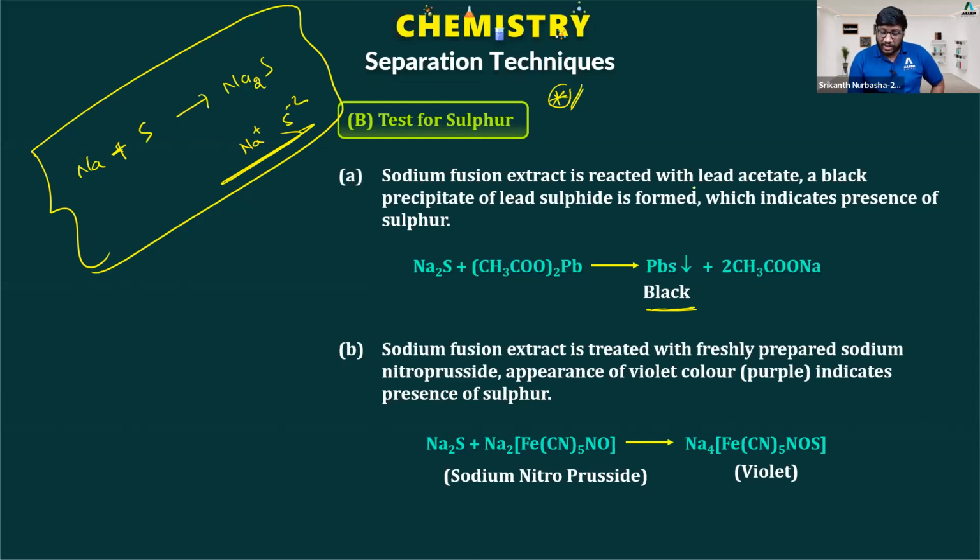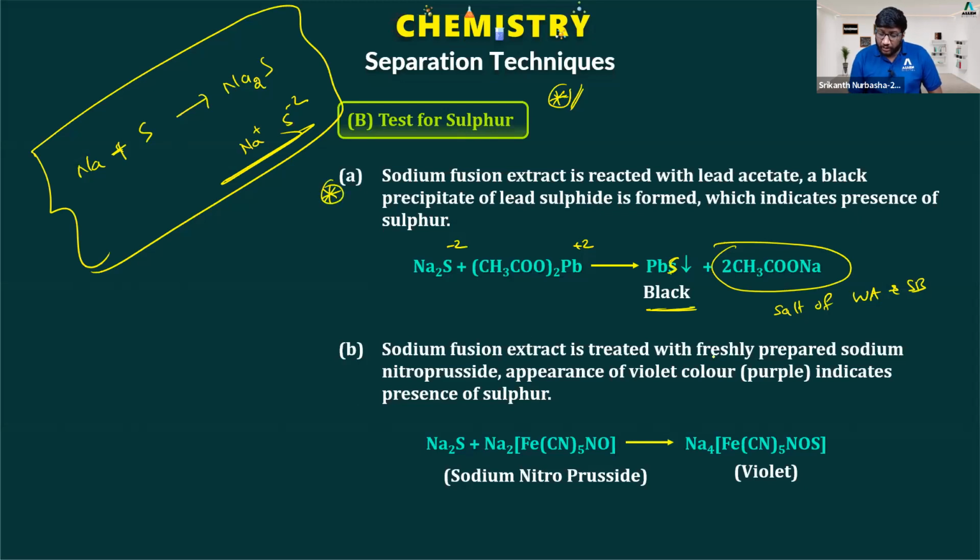When the sodium fusion extract is reacted with lead acetate, we have Pb2+ and S2-, which will form PbS. Lead sulfide is black in color. And you have CH3COONa, which is a salt of weak acid and strong base. A black precipitate of lead sulfide is formed, which indicates the presence of sulfur.